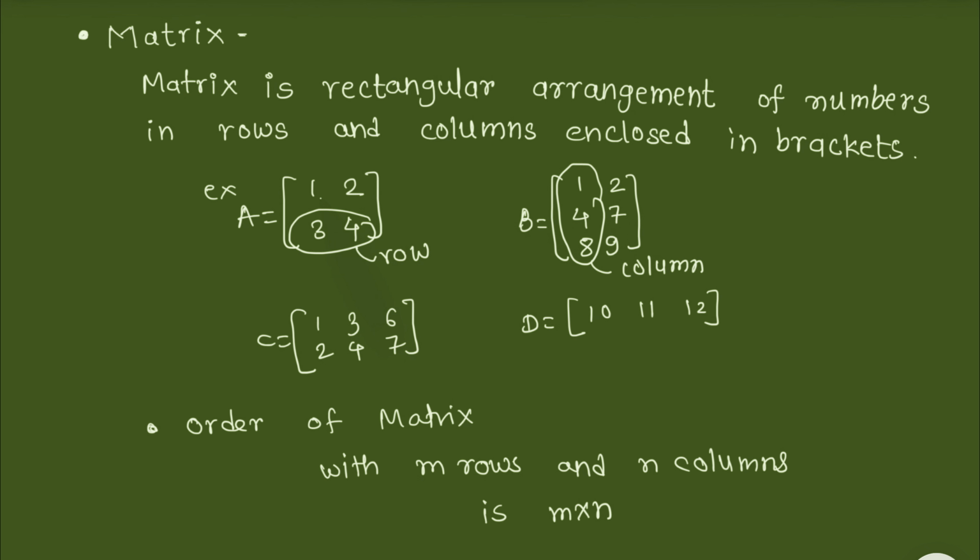Now the matrix A has 2 rows and 2 columns, therefore the order of the matrix A is 2 cross 2. Similarly, matrix B has 3 rows and 2 columns, therefore the order of B is 3 cross 2. C has 2 rows and 3 columns, therefore the order of C is 2 cross 3, and the order of D is 1 cross 3 because it has 1 row and 3 columns.